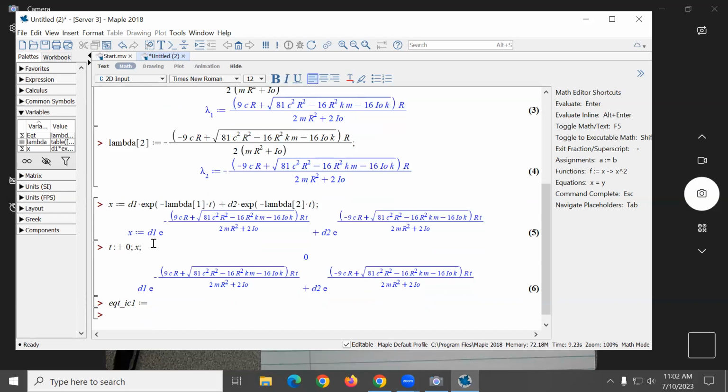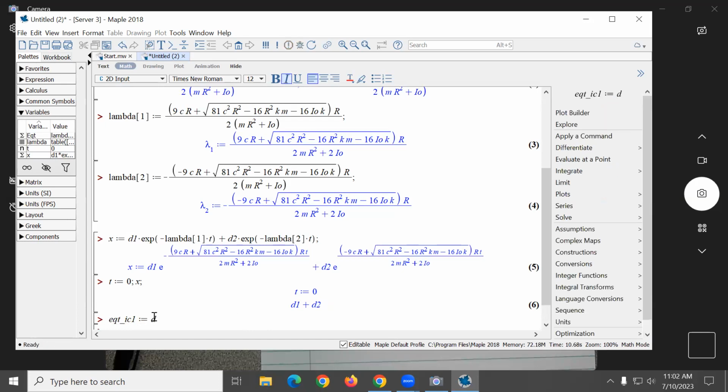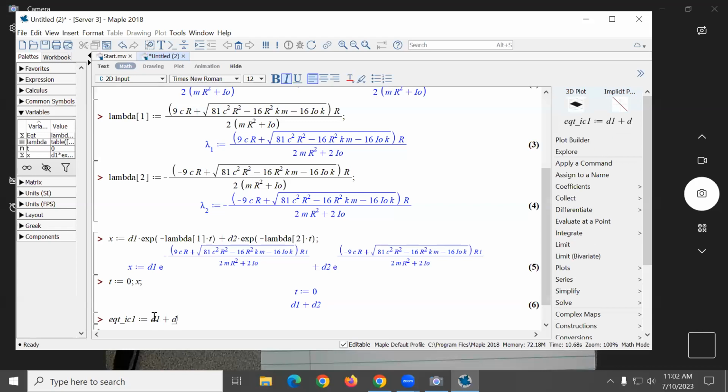What is that going to give us? One equation, which is going to be D1 plus D2 equal to 0, no? So equation 1 here would be D1 plus D2.